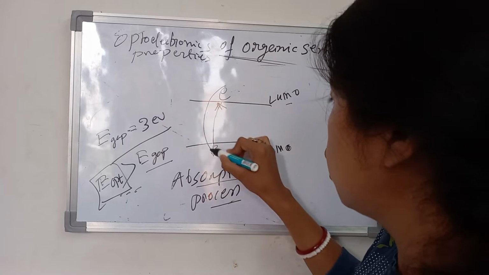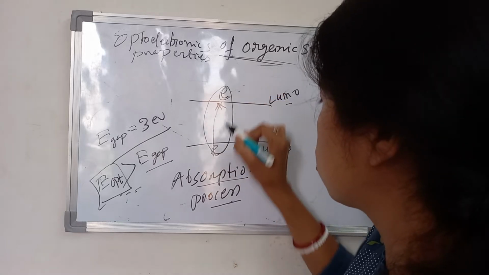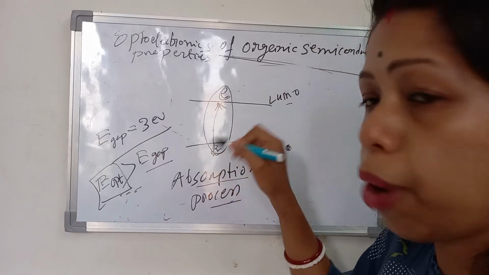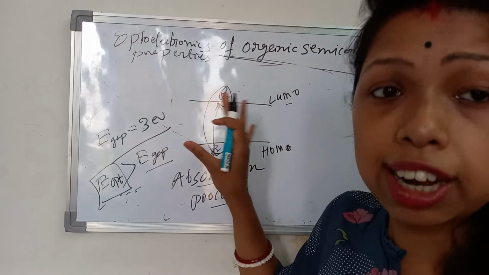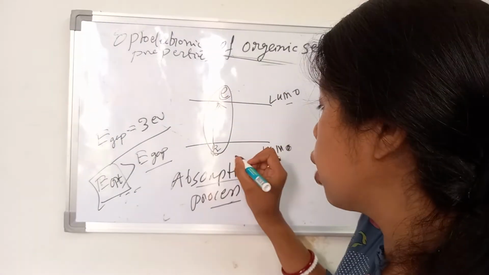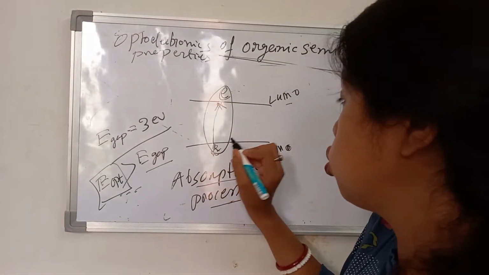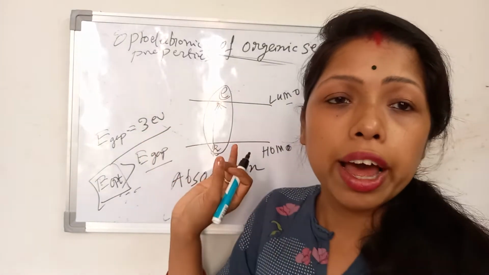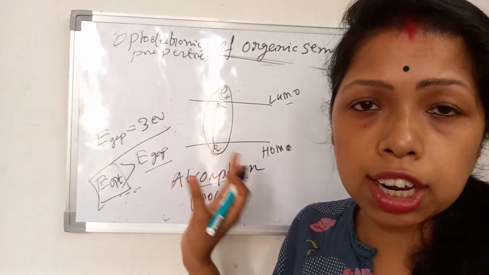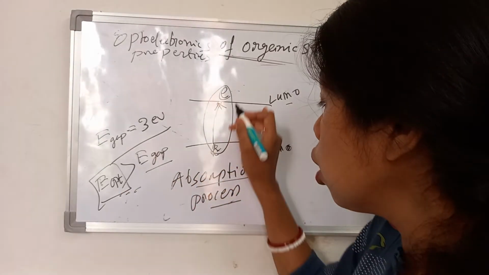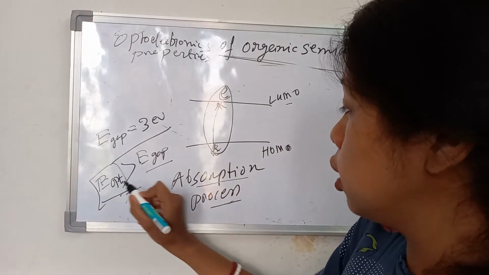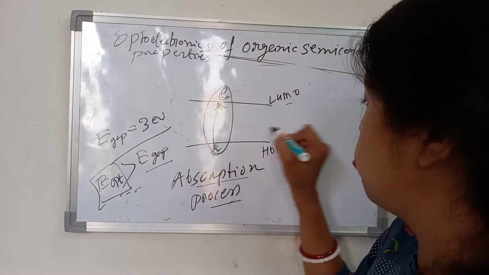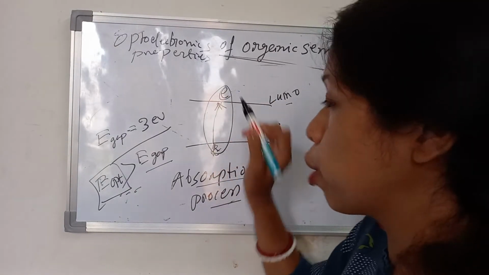So this is the electron-hole pair. Here is the electron, here is the hole. These are bound, not free electrons and holes. To break this bound electron-hole pair, I have to apply an external or internal electric field.